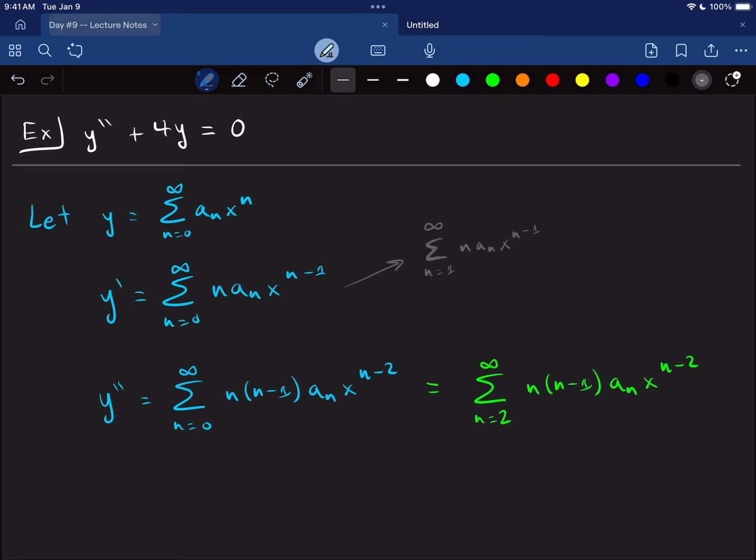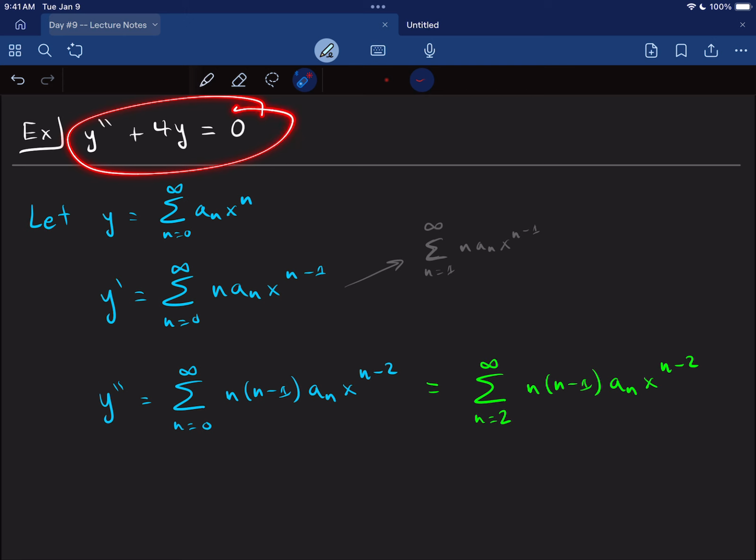Now, I look up here and I go, okay, in some capacity, I'm going to have a y double prime and a y intermingling with one another. You could envision taking this term and subtracting it over to the other side, so I'm setting y double prime and a y equal to one another.